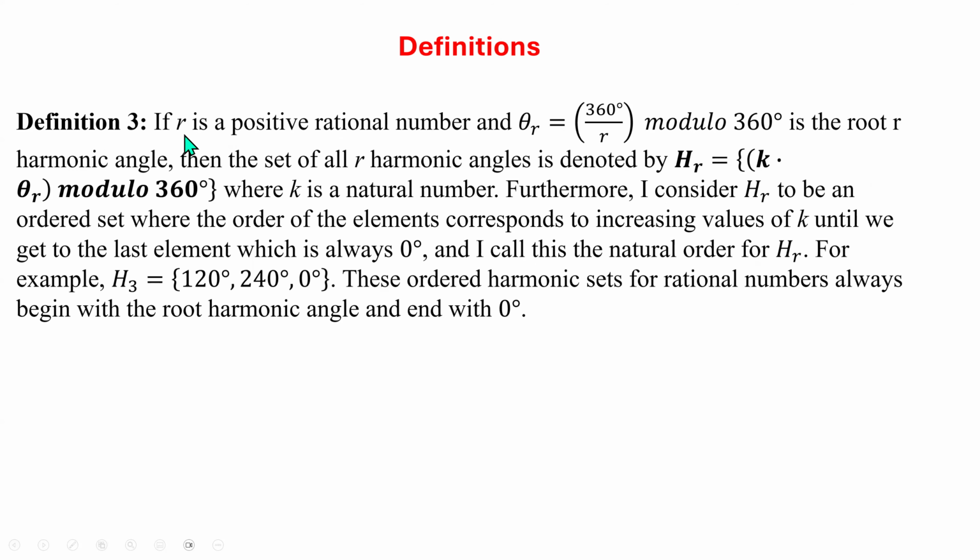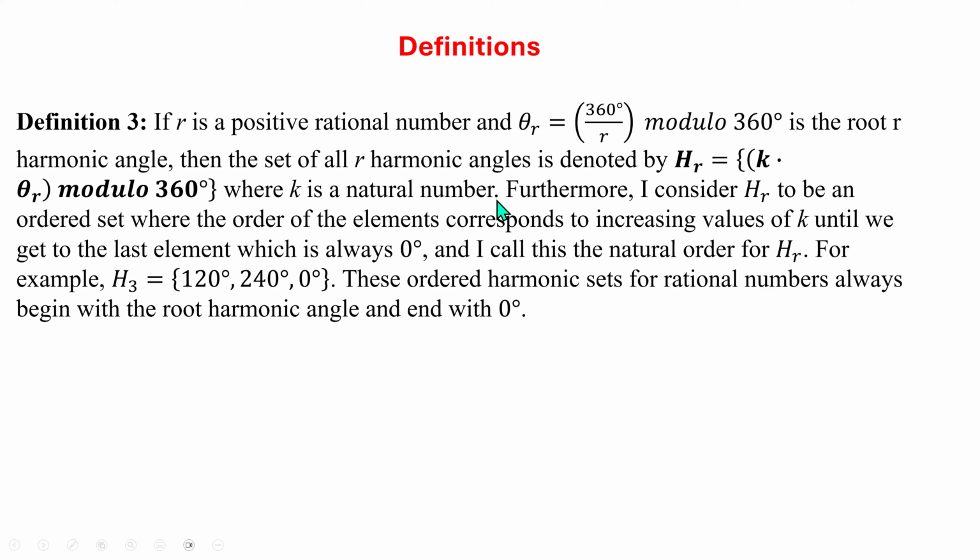Okay, if R is a positive rational number and theta sub R equal to 360 degrees over R modulo 360 degrees is the root R harmonic angle, then the set of all R harmonic angles is denoted by H sub R, equal to k times theta sub R modulo 360 degrees, where k is a natural number.